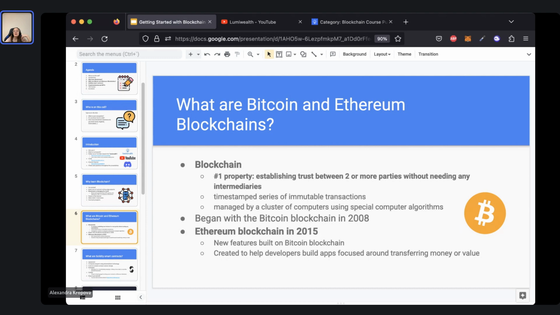This means that it's run by computers all around the world, and these computers are running the blockchain. They keep it running because they are in charge of checking transactions and adding valid transactions to the chain, allowing them to go through. Now, it's not people that do this, it's the actual code running on the people's computers.